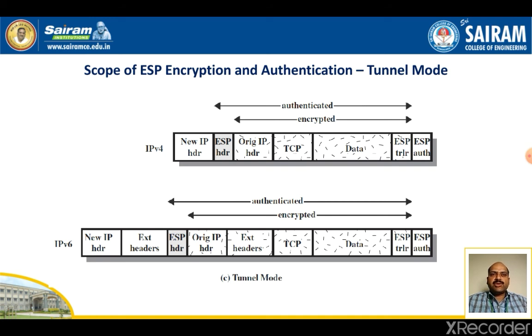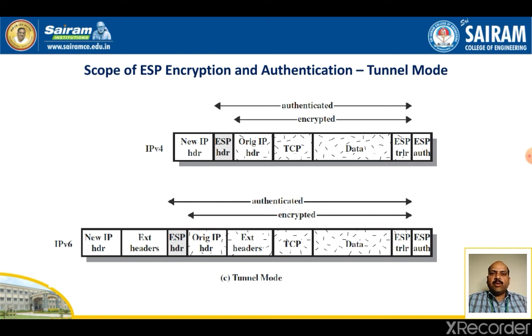Then, on the basis of the SPI in the ESP header, the destination node decrypts the remainder of the packet to recover the plaintext inner IP packet. This packet is then transmitted in the internal network. The inner packet is routed through zero or more routers in the internal network to the destination host.